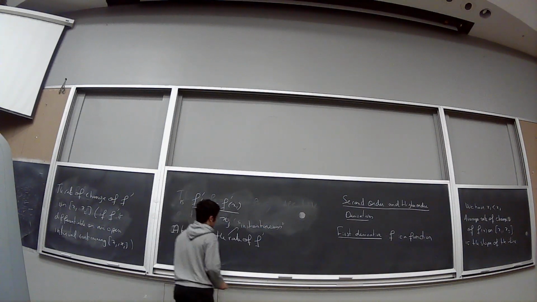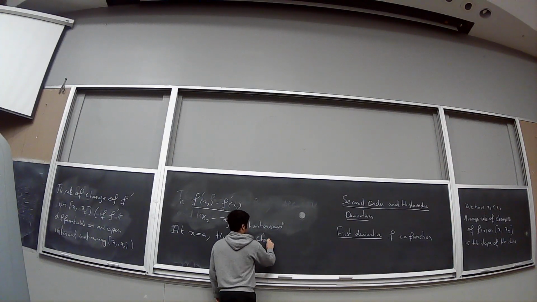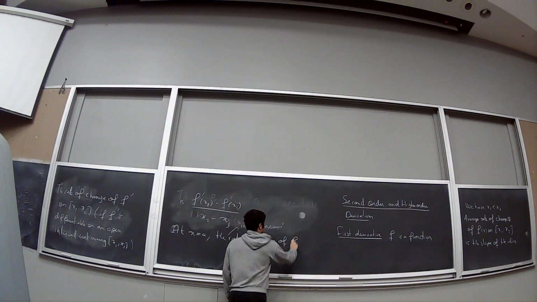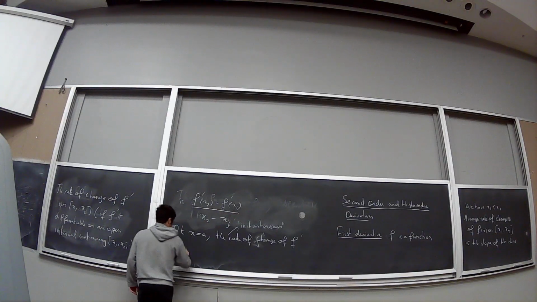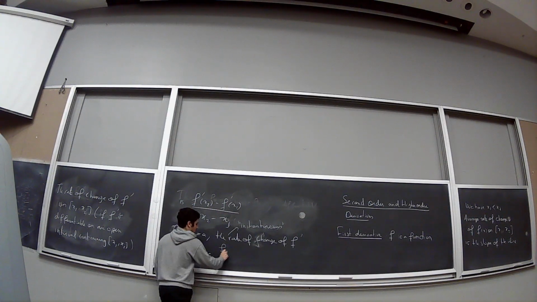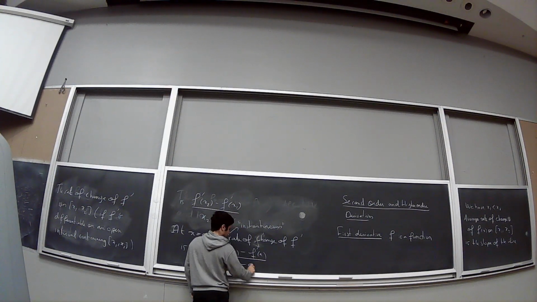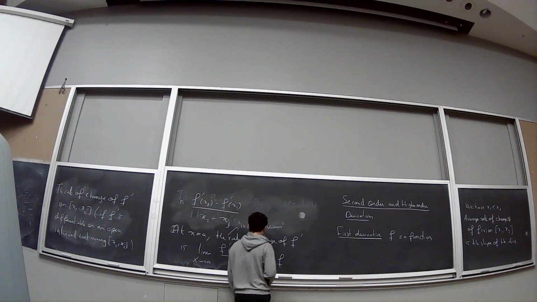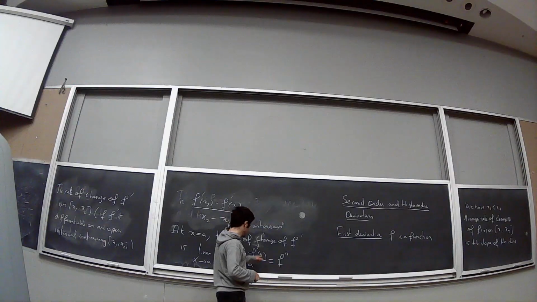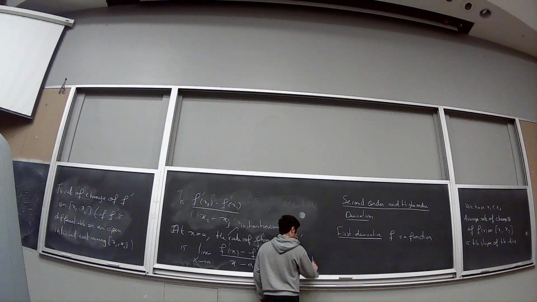But the rate of change of f prime is the limit as x goes to a of f prime of x minus f prime of a over x minus a, which is just the derivative of f prime at a, if it exists.